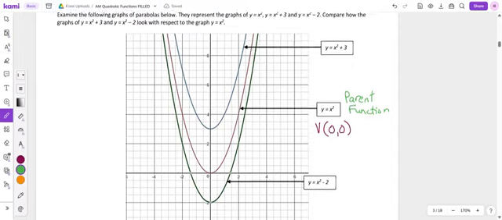So if I look at this equation, x squared plus 3, how many steps up has this parabola moved? It's gone up 3. So how does that change the vertex? Because it's got to change it. Go ahead and write the vertex. And do the same for this parabola that has traveled down 2.